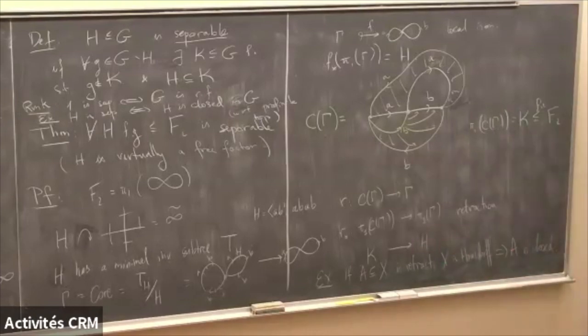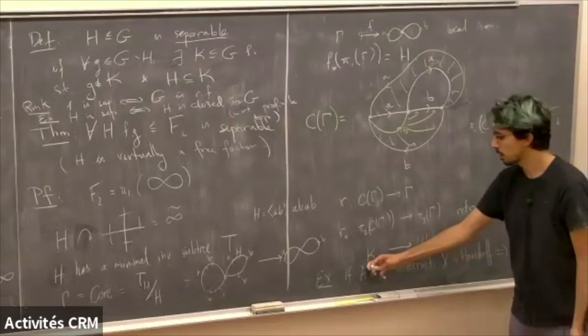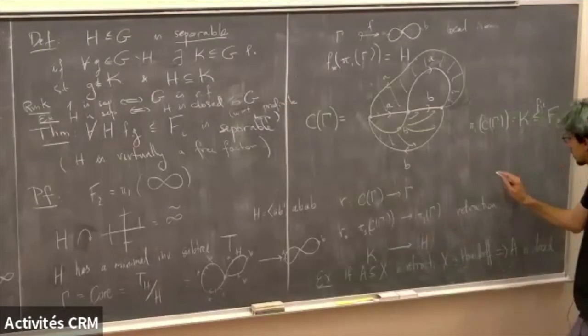That's a topological statement. But in our case, what do I get? I get that H is a retract of a finite index subgroup. Any finite index subgroup is closed. It's Hausdorff. Why is it Hausdorff? Yeah, Hausdorff, exercise.